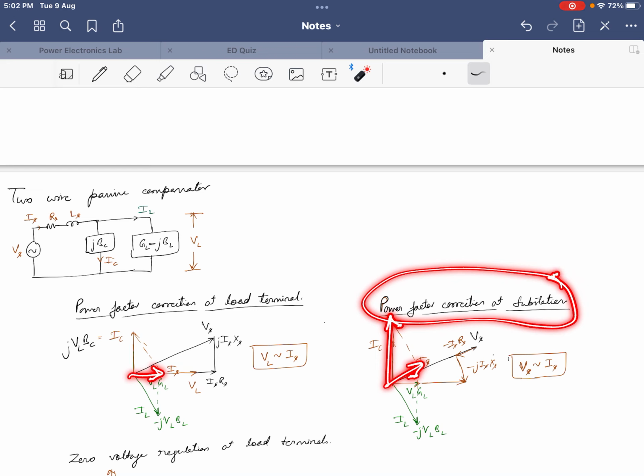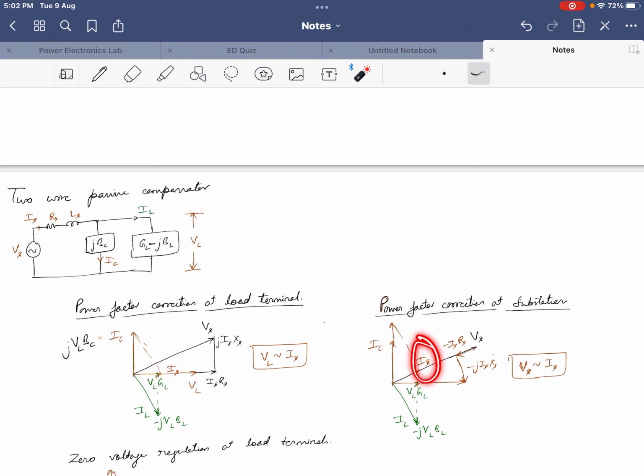So if the Is direction is here, then when we apply KVL, we add VL with Is into Rs and Is into jXL. So we have VL, and this Is into Rs is getting added with VL. Suppose VL is over here, and we add this value of Is into Rs, which is in parallel with Is over here.